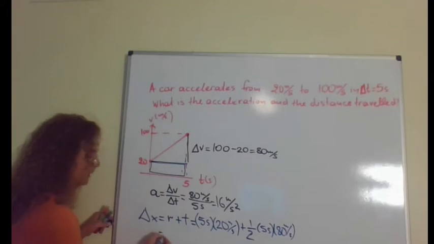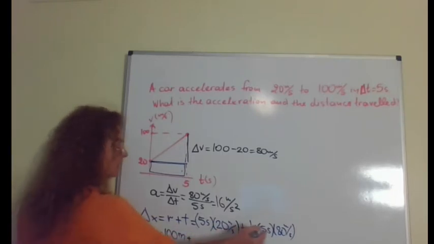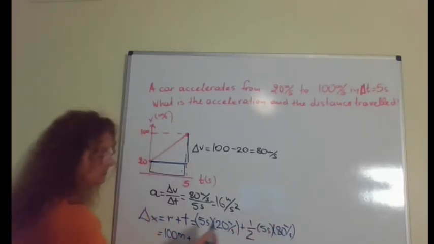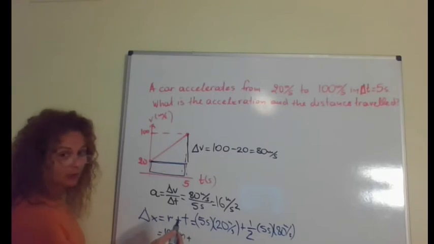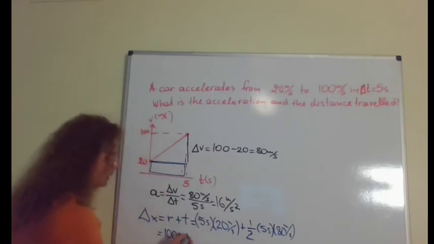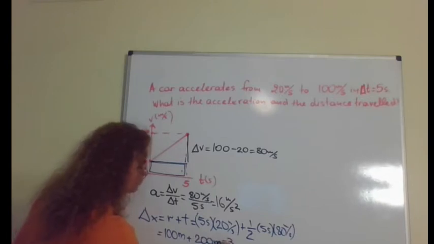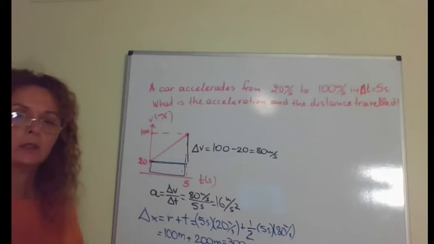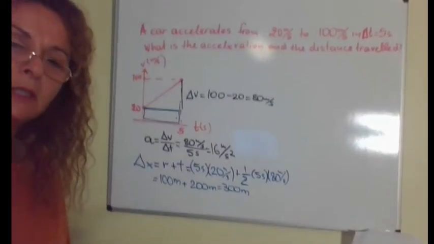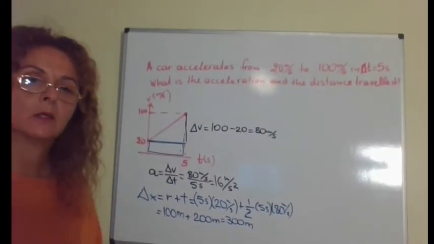So the displacement is 100 meters plus, how much is that? Half of 5 times 80 is 200 meters. So we have a total of 300 meters. This is how we do it with the graphs.